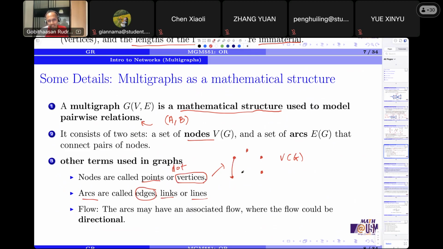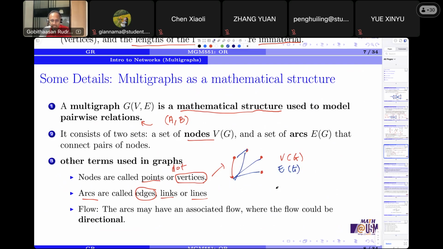So we have a collection of edges. These are edges. So how they are connected to each other, whereas vertices are in red. So two sets, right?